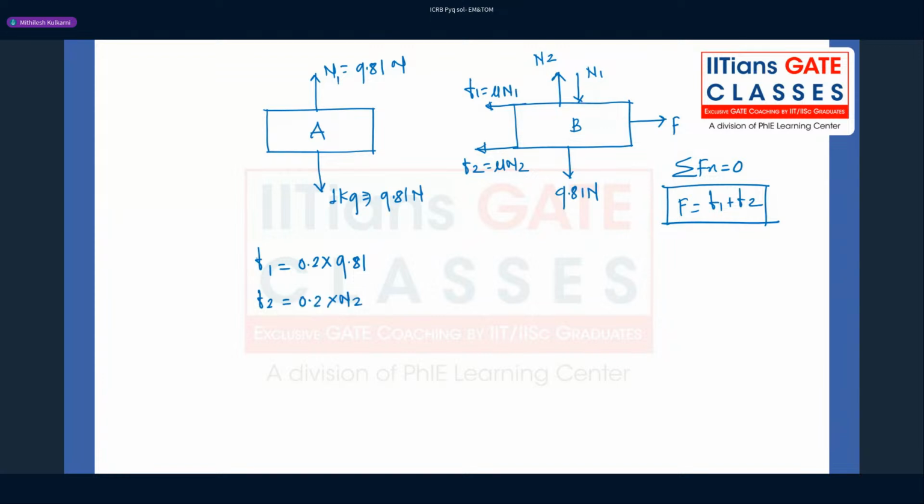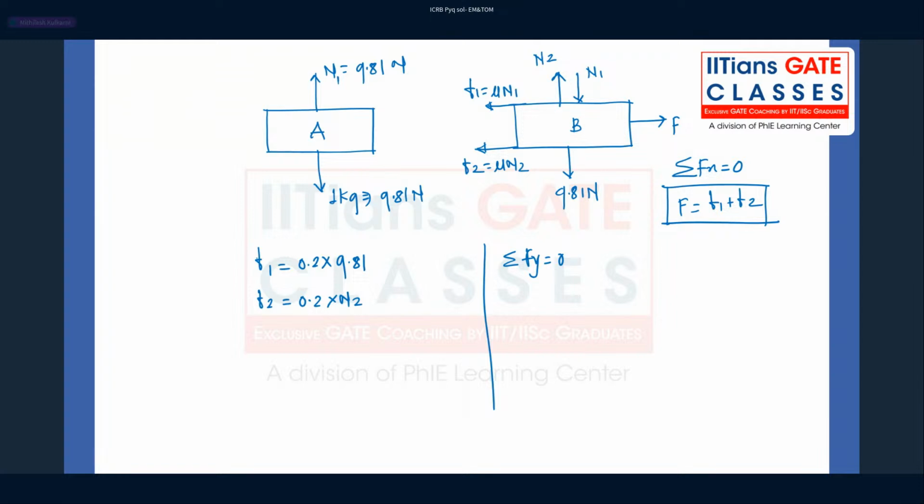So how to find the N2? We know that if I do summation of all vertical forces equal to 0, we will get that N1 is 9.81, N2 is also 9.81.